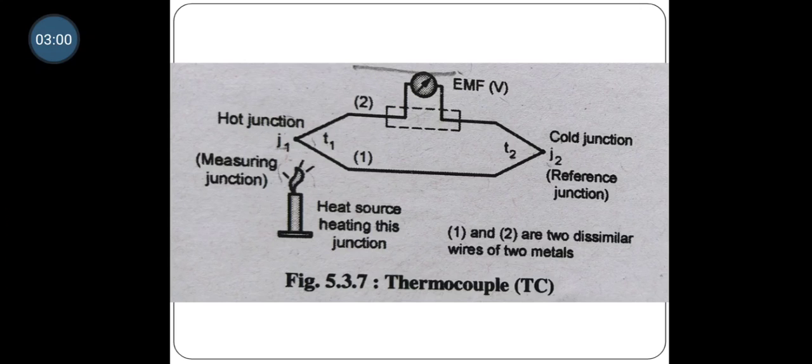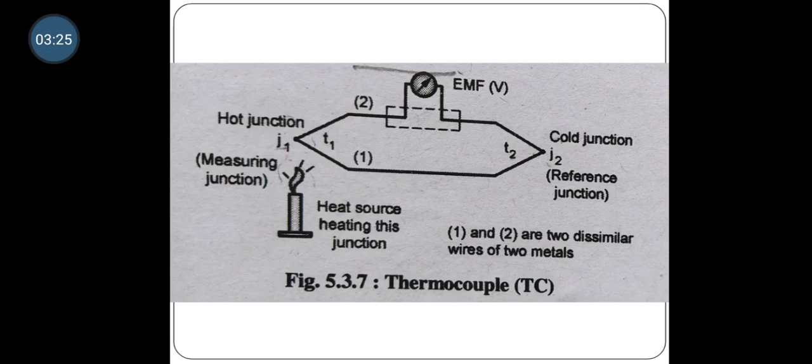How does it happen? Suppose here there are two dissimilar metallic wires, one of aluminum and the other of copper. Both are connected at two ends, J1 and J2. Now one junction is kept in the heating, so that one junction is hot and the other junction is cold or at normal temperature.